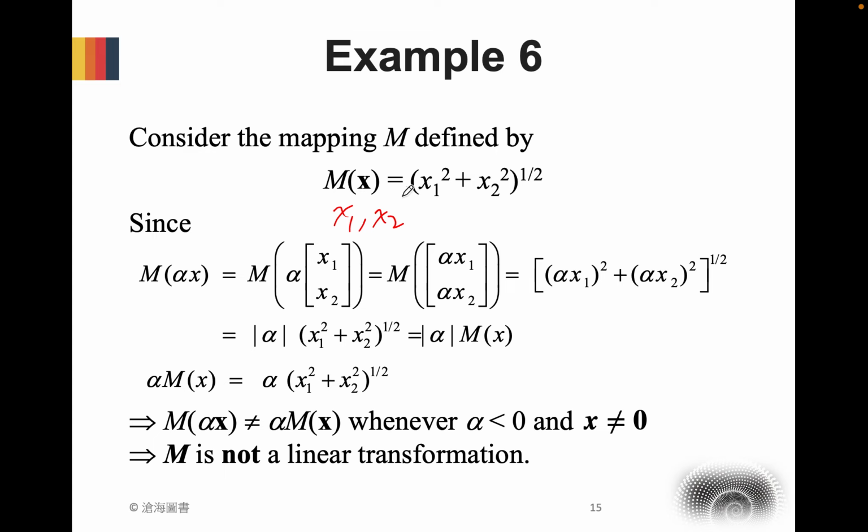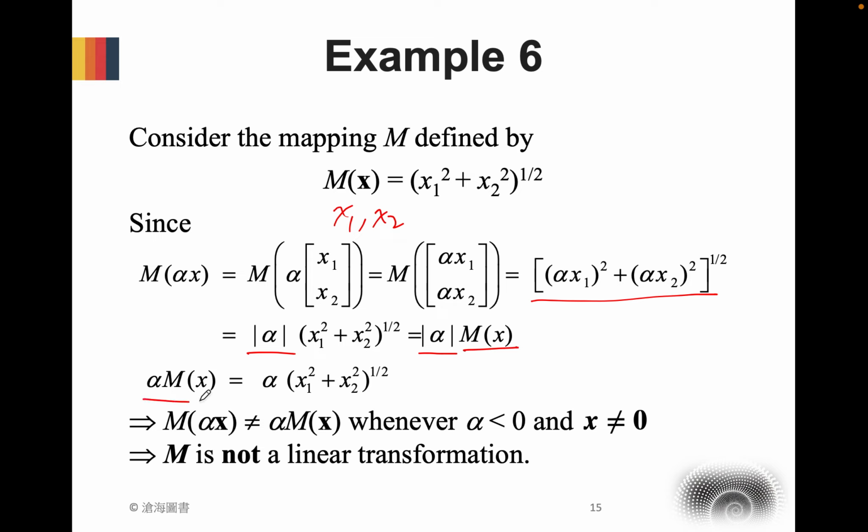Okay, so this is a very special mapping. In this case, if we input alpha x, the result becomes alpha x1 squared plus alpha x2 squared and then take the square root. And the result is equal to the absolute value of alpha times the square root of x1 squared plus x2 squared. That is equal to the absolute value of alpha times Mx.